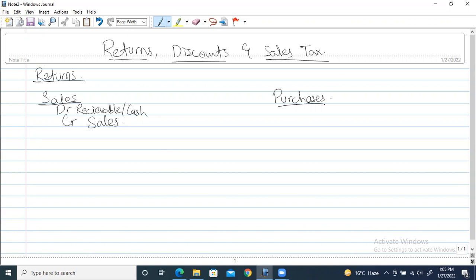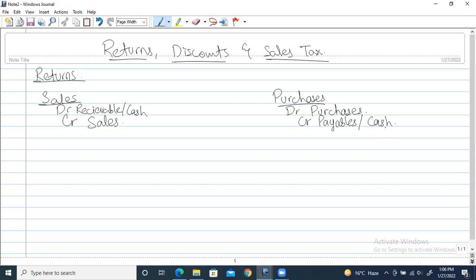Now looking onto the purchases, purchases was a group 1 item, right? That's why it is debit for increase. So we do debit purchases. And on credit, similarly, either we do credit payables if it is a credit purchase, or we do credit cash if it belongs to the cash. Okay, so this was the entry for sales and purchases.